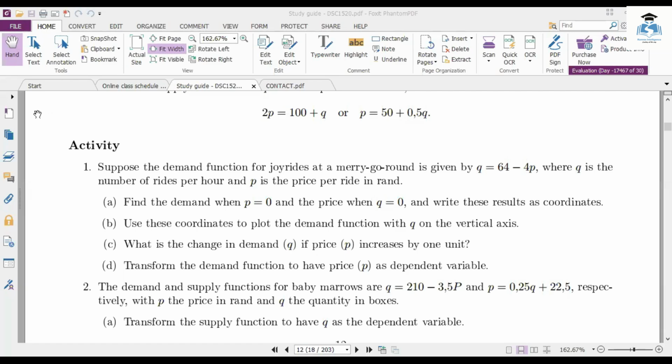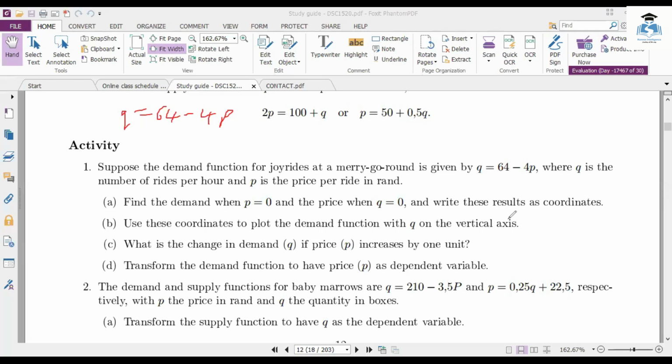So what do you do here? You are given this equation, Q is equal to 64 minus 4P. And you are being asked to find the demand when P is equal to 0 and the price when Q is equal to 0.